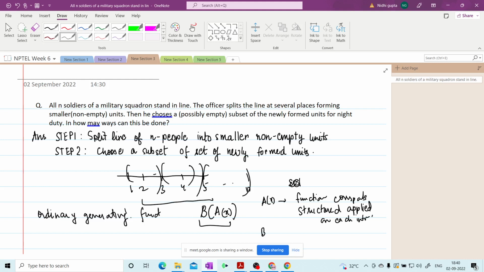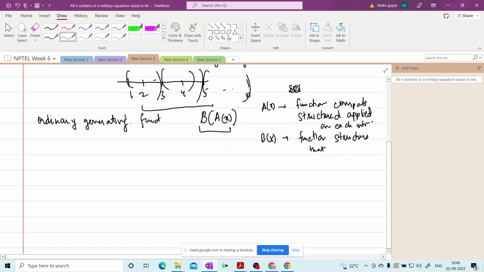And B(x) is the function which corresponds to the structures that need to be applied on the set of intervals.